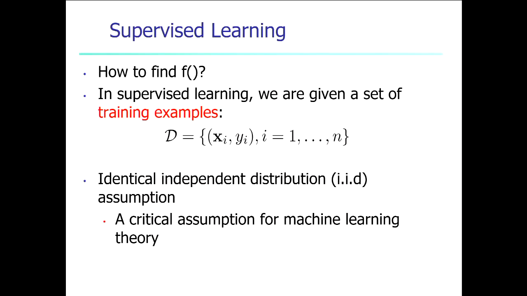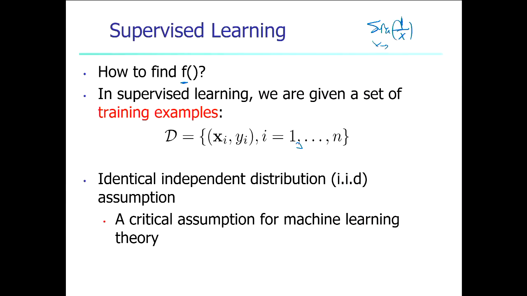So how to find this f? As we said before, whenever we say this kind of function f, we are really either explicitly or implicitly restricting ourselves to a class of well-behaved functions. As I said before, there are actually functions which are very, very weird. One of them is sine of 1 over x, right?